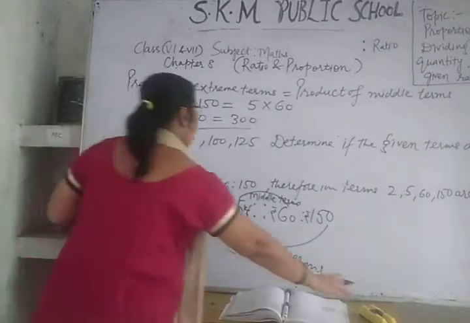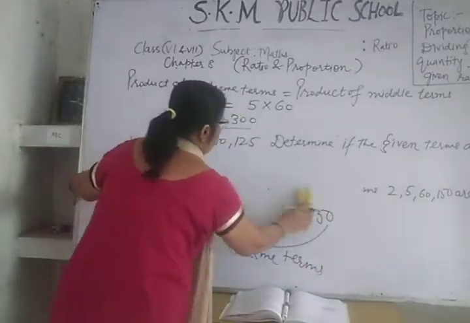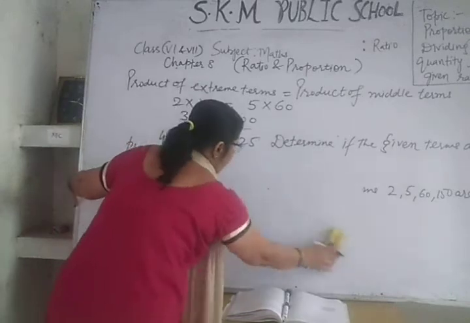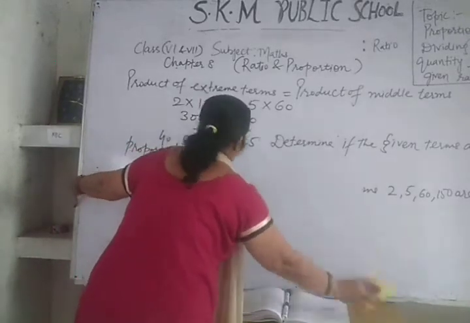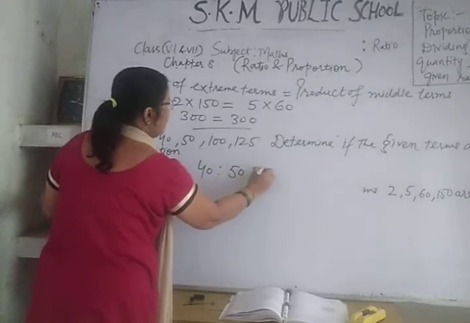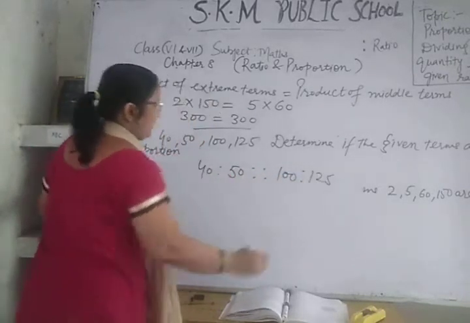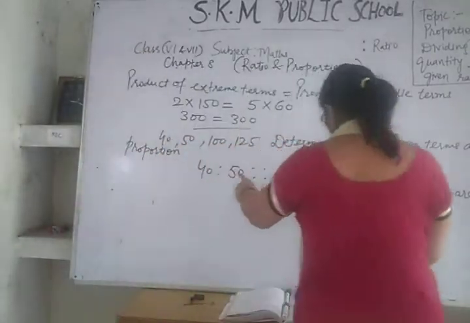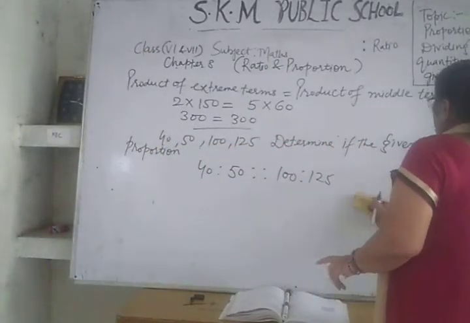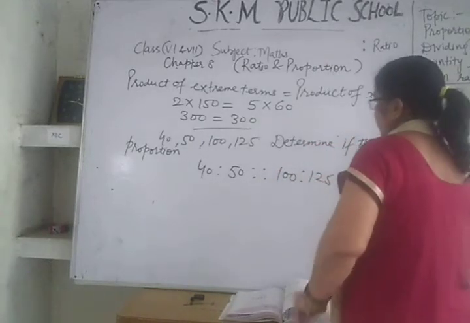So how will you write this? Again, the same method. Write it in mathematical form, sequence-wise: 40 is to 50 in proportion to 100 is to 125.